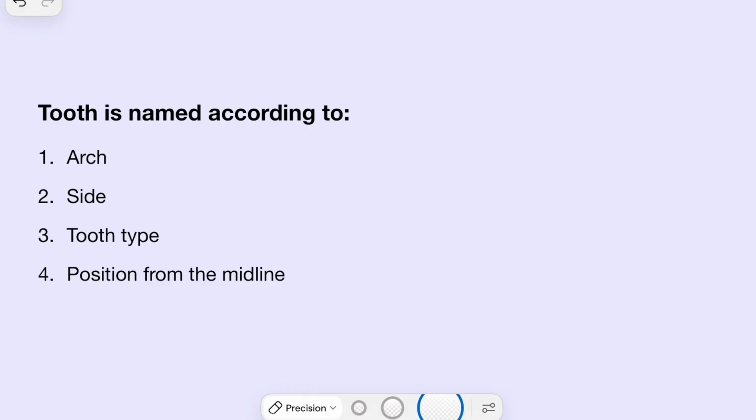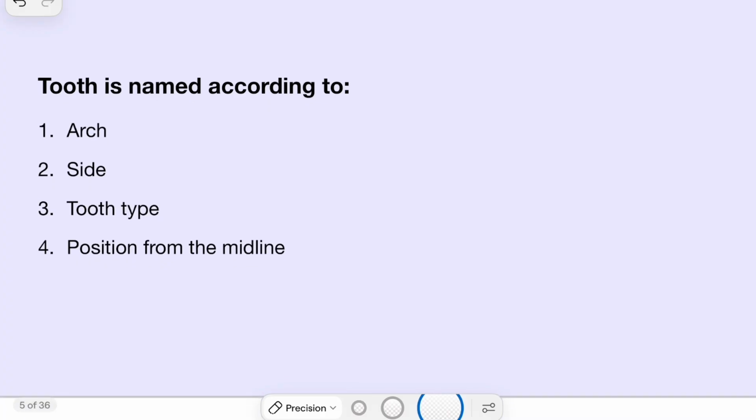Okay? So, why do we need to study all these names? Why do we need to study this nomenclature and why do we need to name all these teeth? Because nomenclature is used everywhere in dentistry.